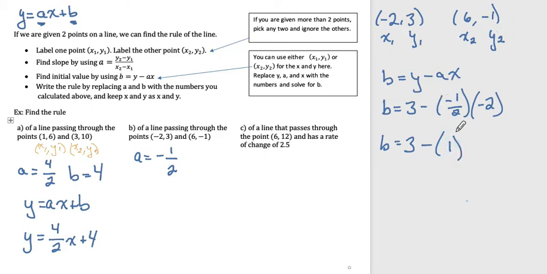And you can always put this in your calculator. If you wanted to put this in your calculator, you could type in -1 divided by 2 times -2. All right, so -1 divided by 2 times, that's what these brackets mean, -2. And if you did all of that, you would get +1.